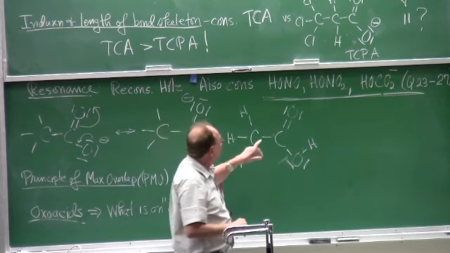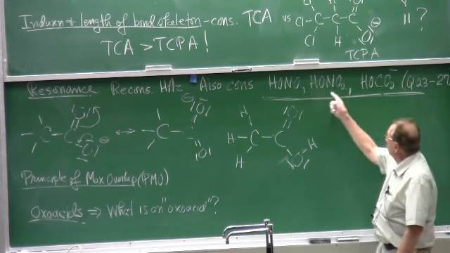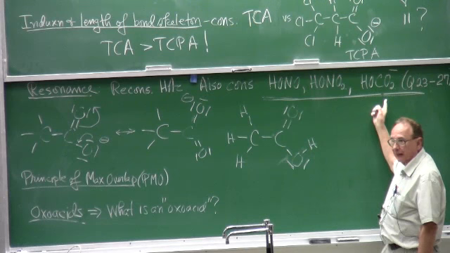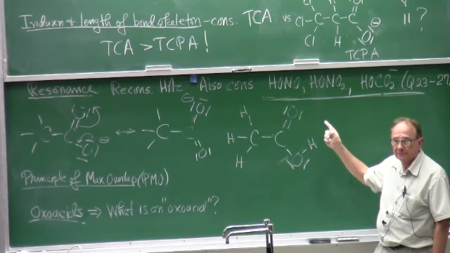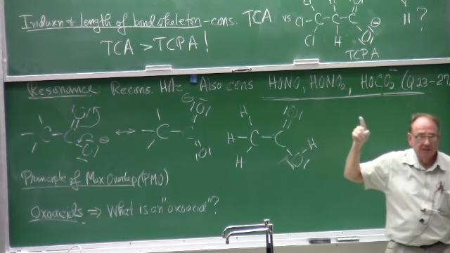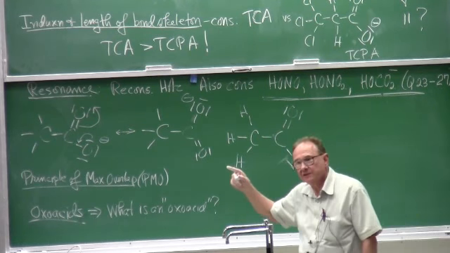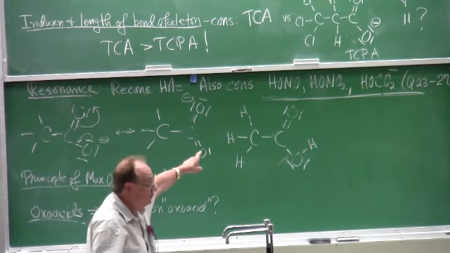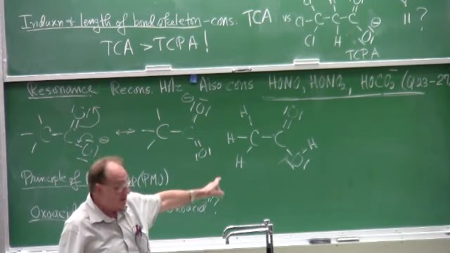I want you to write the Lewis pictures for these three species, and then I want you to answer the question. Do the conjugate bases of these three species show resonance?